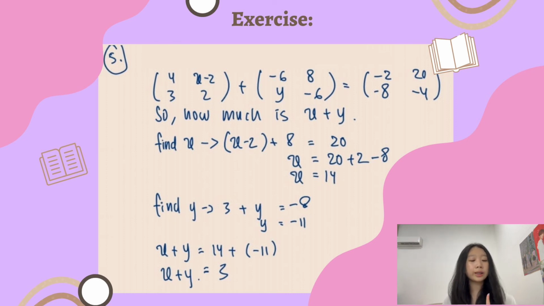Then X was 14. For finding the Y, it was 3 plus Y equals minus 8, so Y was minus 8 minus 3, which is minus 11. So X plus Y equals 3.